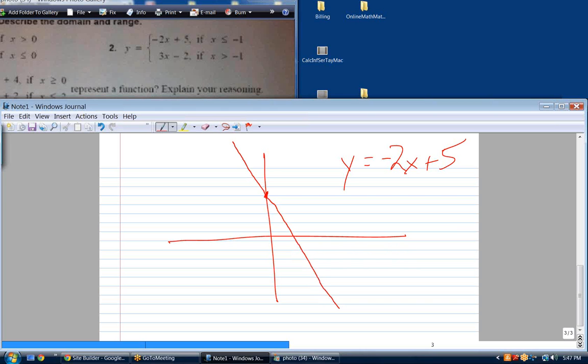But the thing is that our piecewise function says that it's only equal to this when x is less than or equal to -1. Well, here's where x is -1, which means this function is not that to the right of -1. It's got to stop right there. So that's how I would plot that if I said x has to be less than or equal to -1.